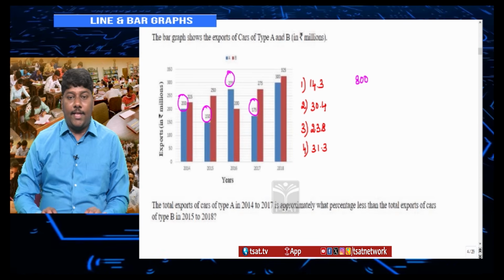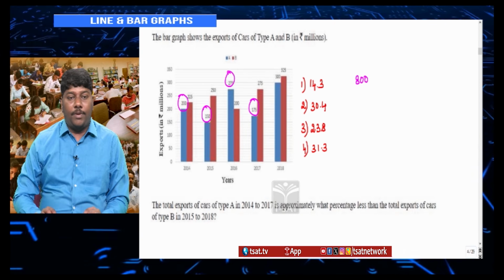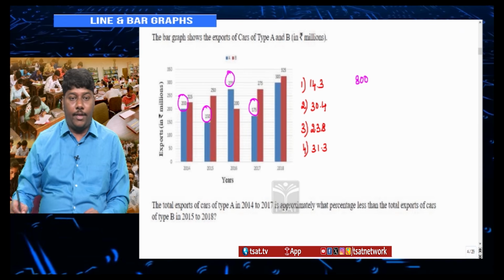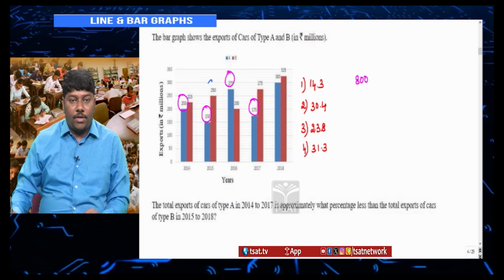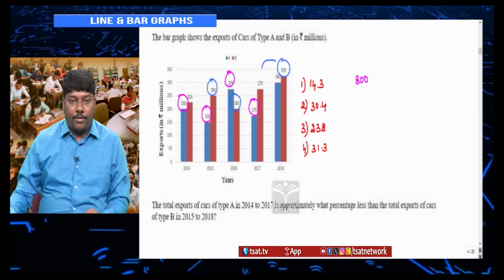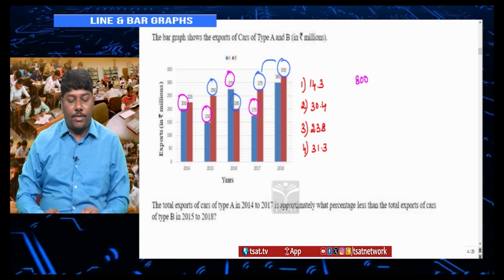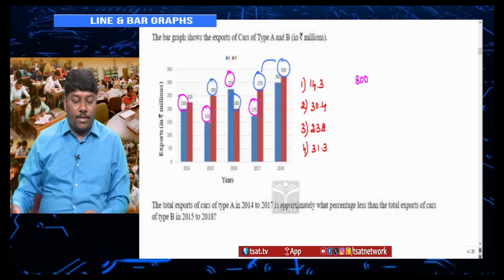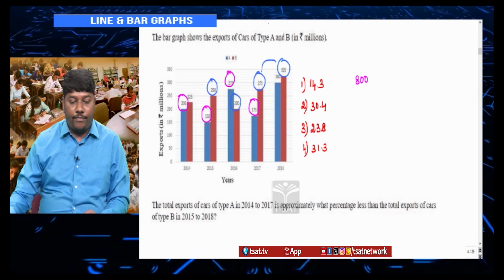What percent less than the total exports of the cars of type B from 2015 to 2018? For 2015 to 2018, type B, 250, 200, 450, plus you have 525, 325 plus 275, that is 600. 600 plus 450 is 1050.